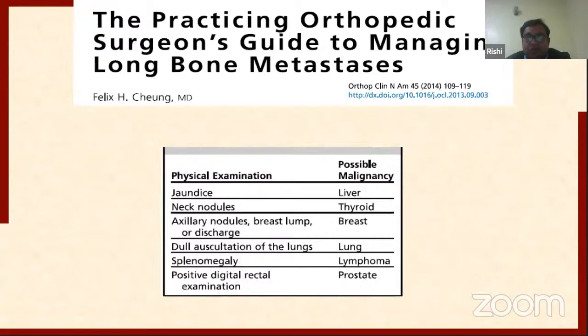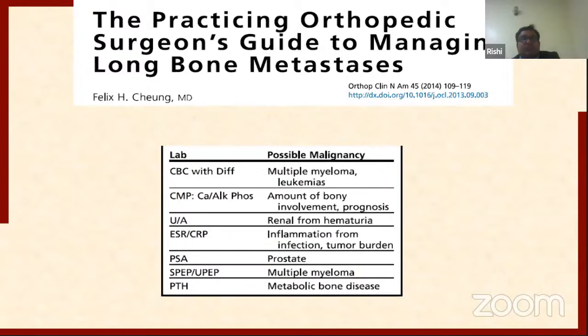Physical examination, you like to see whether there is jaundice, any neck nodules, axillary nodules or lump. You need to auscultate the lungs. You need to look for hepatosplenomegaly. And this blood investigation we very commonly do, CBC with differentials, sometimes for multiple bony lesions and multiple myeloma.